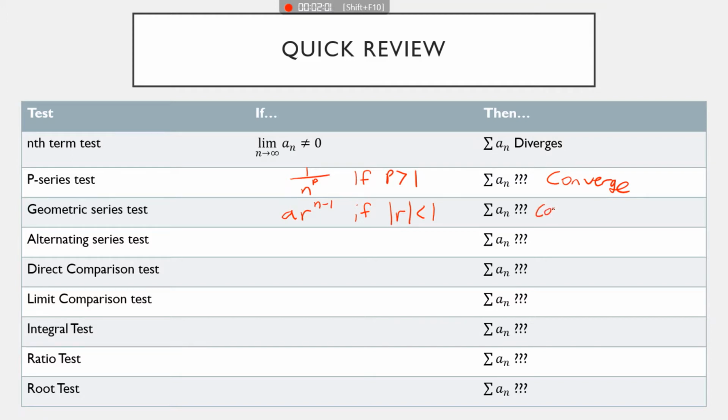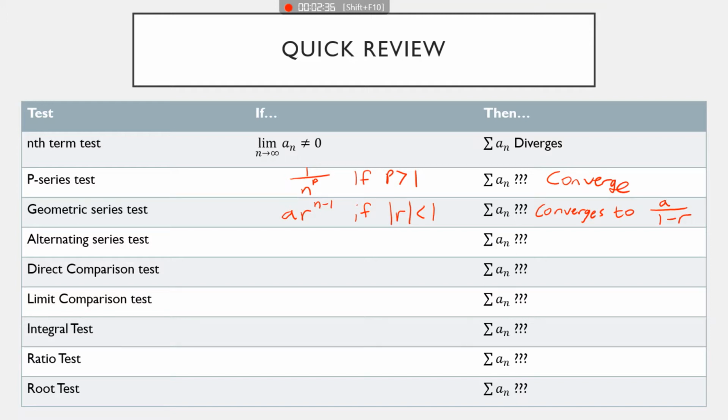What will it converge to? A over 1 minus r. Perfect. So a lot of times, if there's more than one series test that'll work, we'll prefer geometric series because it gives us a little bit more information. We know what the sum will be if it does converge.